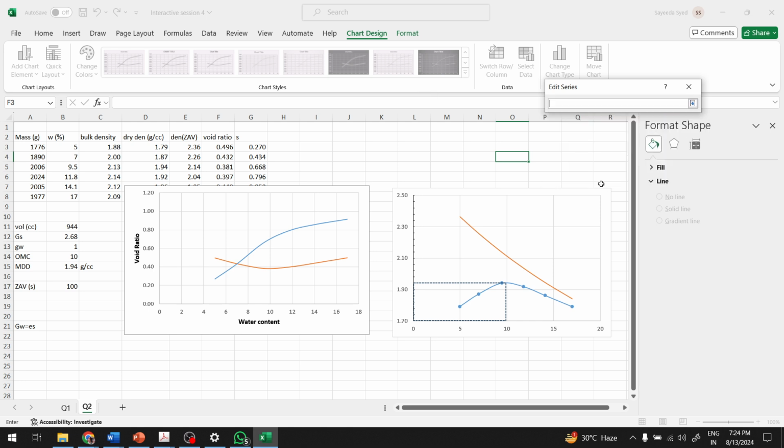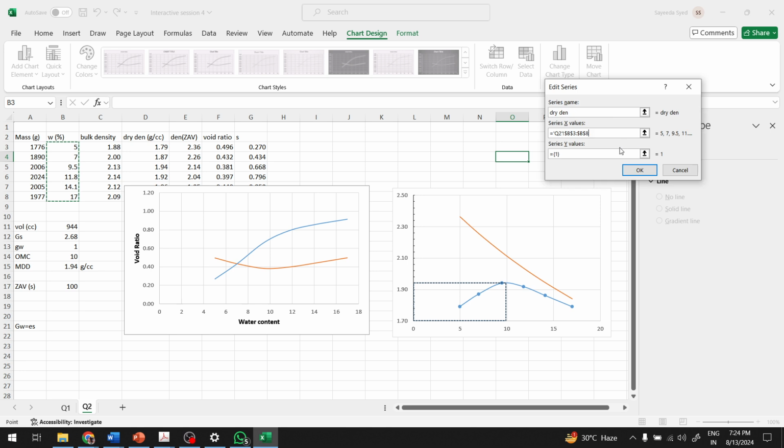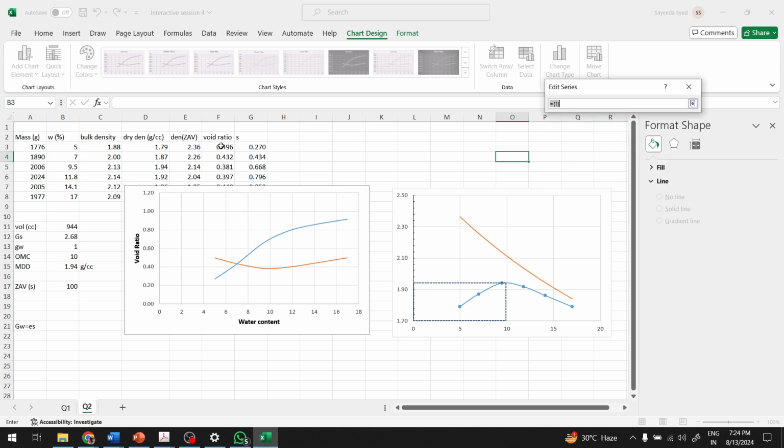So the x value will be same, but the y value will be the dry density. Okay.